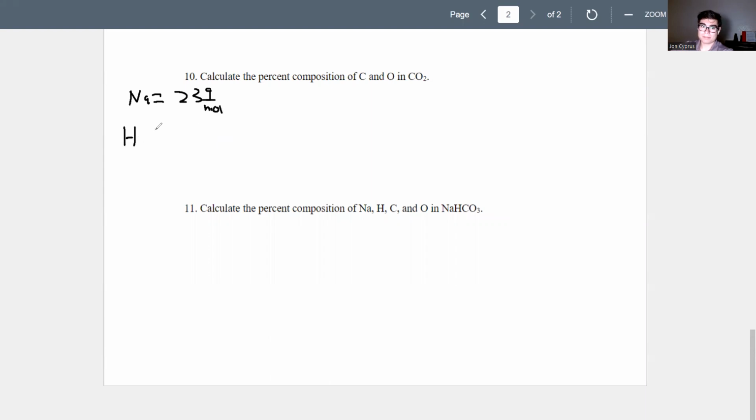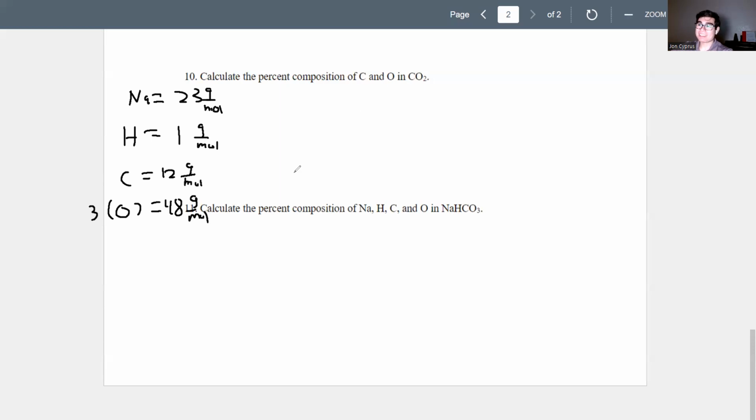Hydrogen is 1 gram per mole. I have one carbon, which is 12 grams per mole. And I have 3 oxygens, which is 48 grams per mole. Right, 16 times 3.